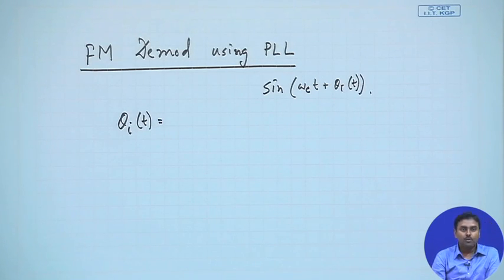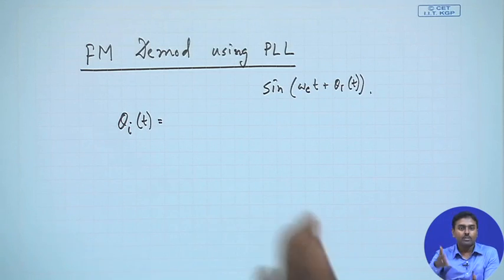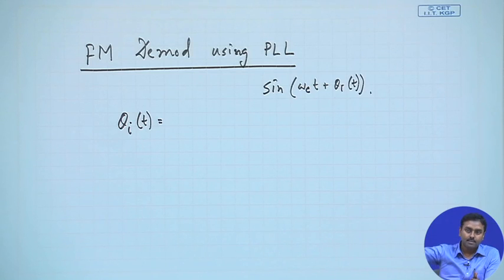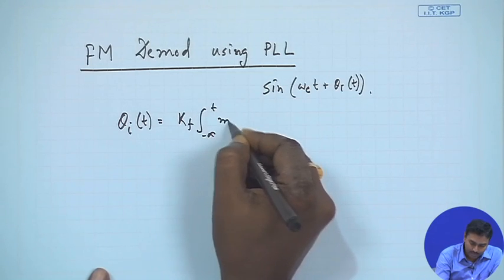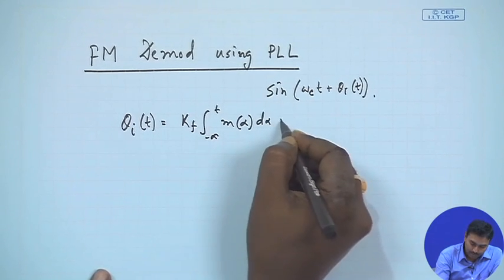That must be whatever phase it is getting. So, FM is A cos omega_c t plus the FM modulated part, that is k_f into the integral of m(t). Okay. So, that means theta_i(t) must have this k_f integral, and because it is cos and the PLL input takes sine, there should be a pi by 2 phase shift.